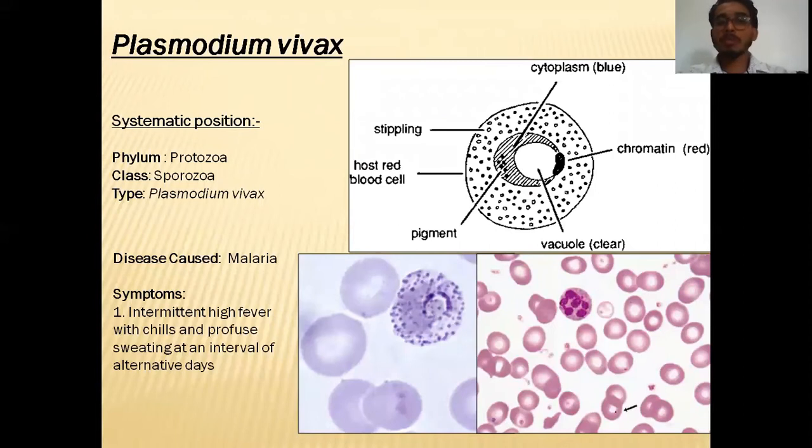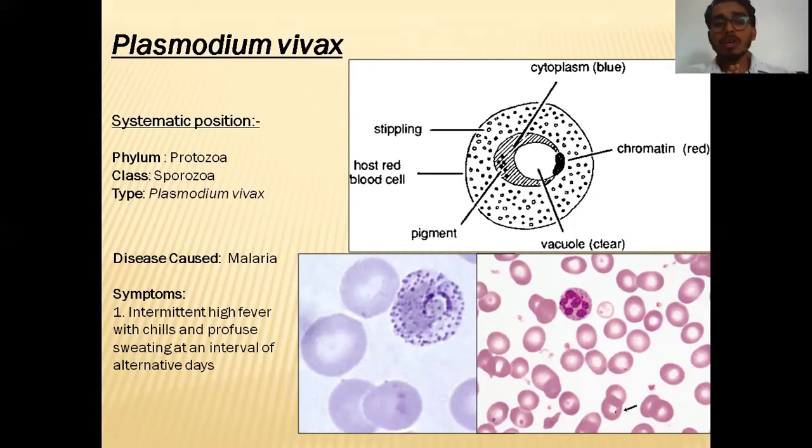The female Anopheles mosquito does not cause malaria. It is merely a vector, just a transport medium from an infected person to a healthy person. It carries the Plasmodium vivax through the blood.